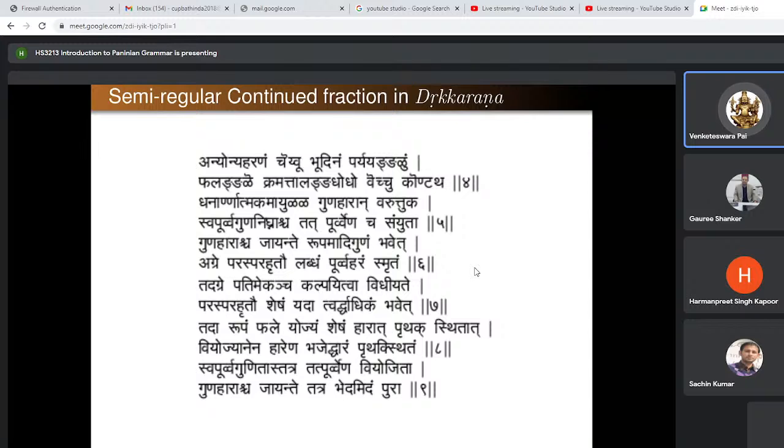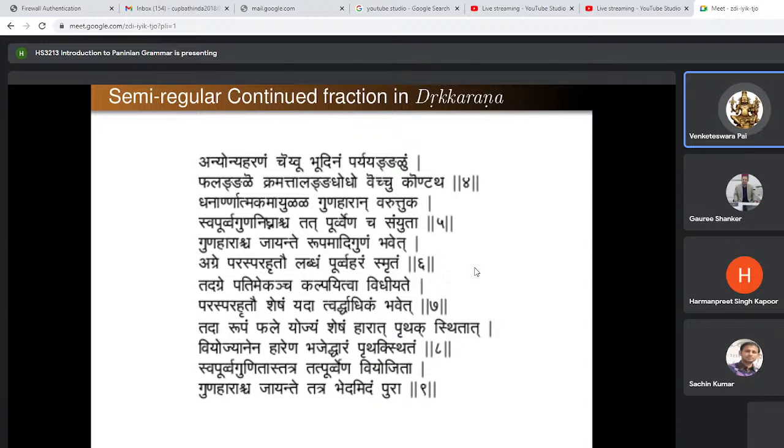In 1606, the text Dritkarana, composed about half a century later, develops a little further and gives something known as nearest integer continued fraction.